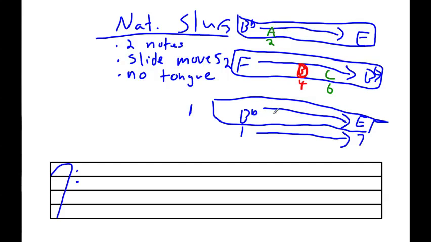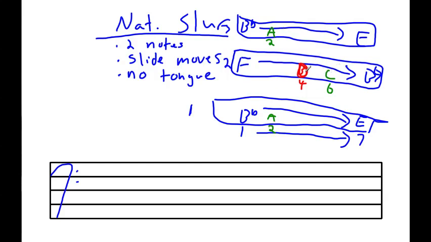Or it could be the A down here, either way. Second position here as well. Either of those could be a natural slur because we're jumping those floors.